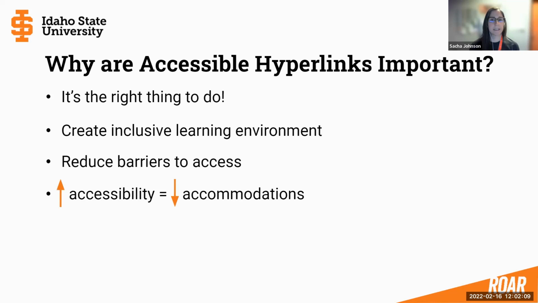So accessible hyperlinks are one aspect that can increase course accessibility, and the more accessible a course is overall, the fewer requests for student accommodations we're going to have. So next, Alicia is going to cover some best practices for creating accessible hyperlinks in Moodle ISU.